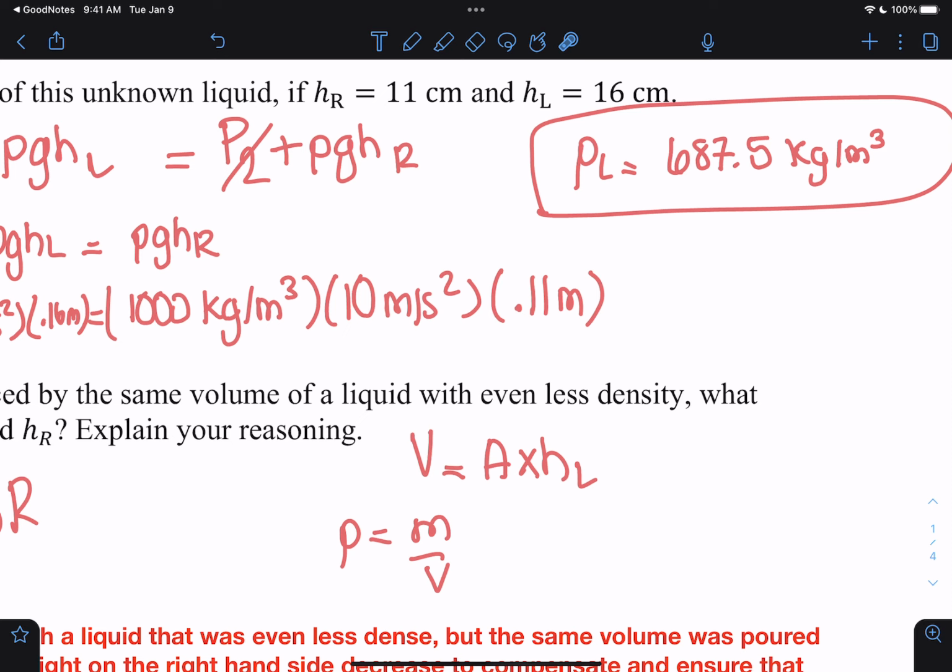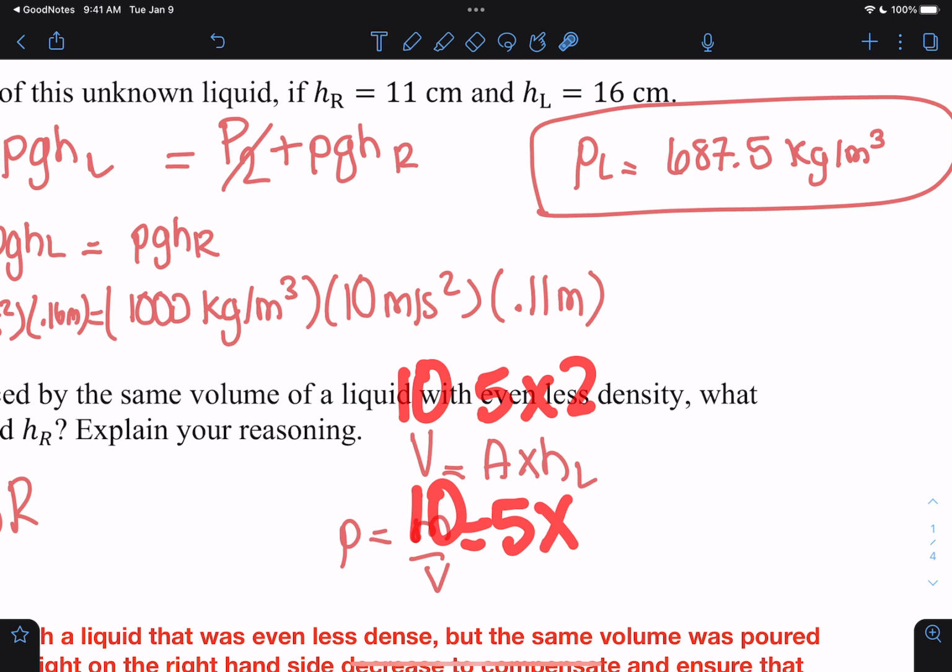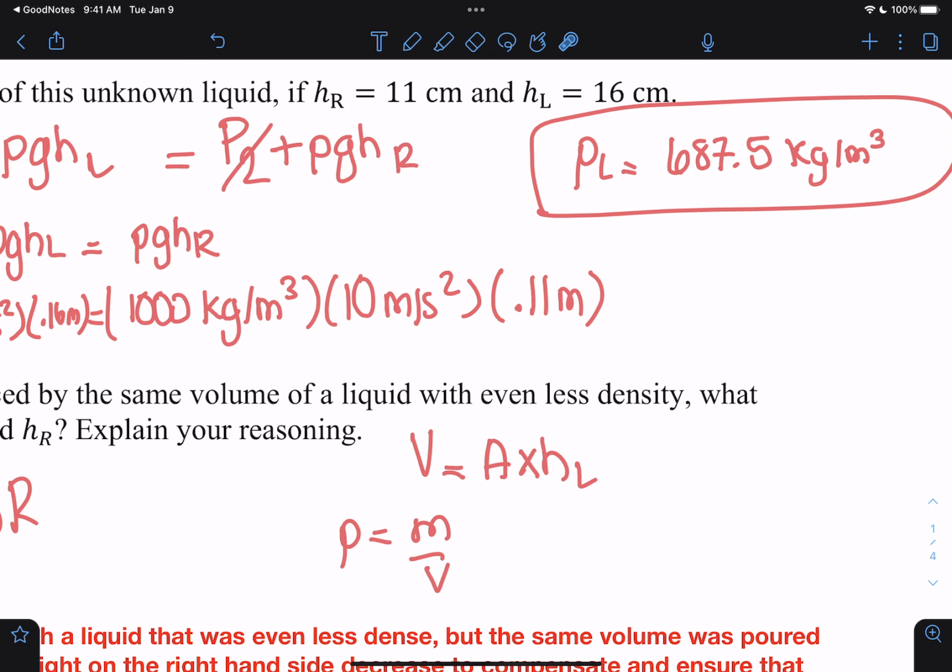No, right? It's the same tube we're pouring into, same cross-sectional area. So if this is 10, and this is 5, well, this is 2. If I pour in another 10 and the same area of the tube is 5, this is also going to be 2. So it shouldn't change, right?